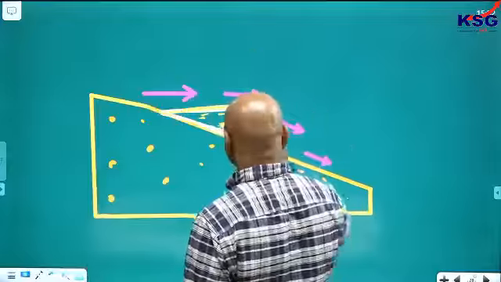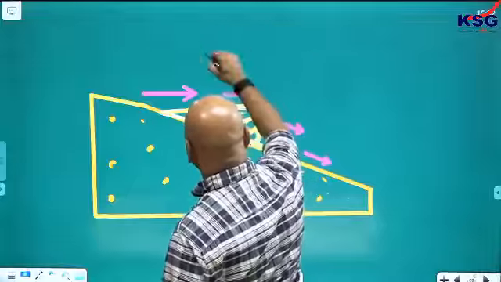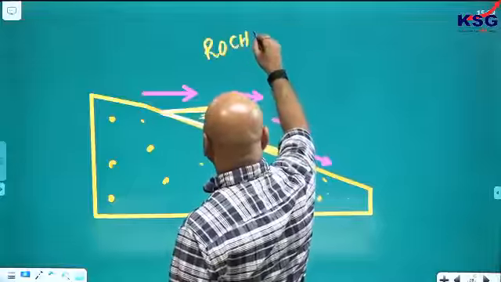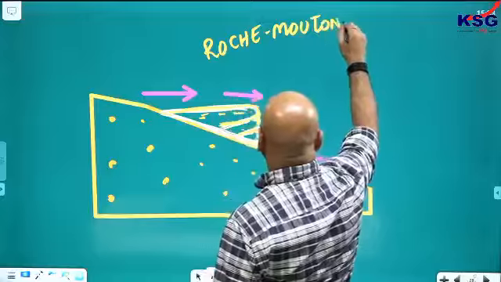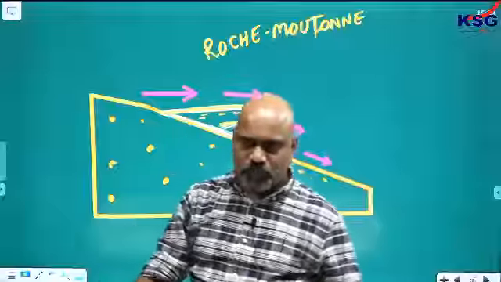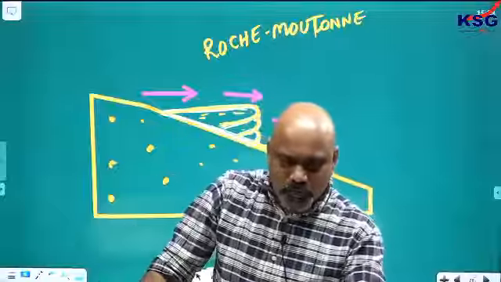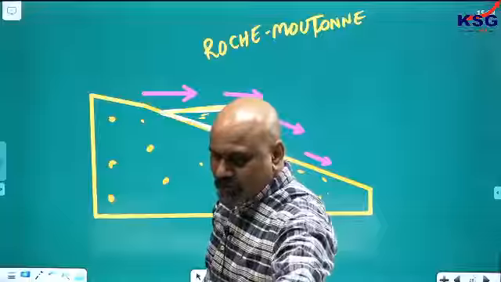They are called roche moutonnée. What are those? We will see.